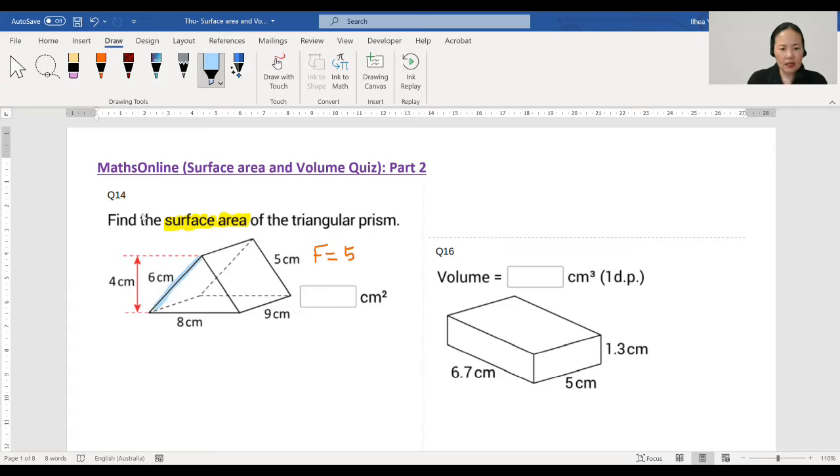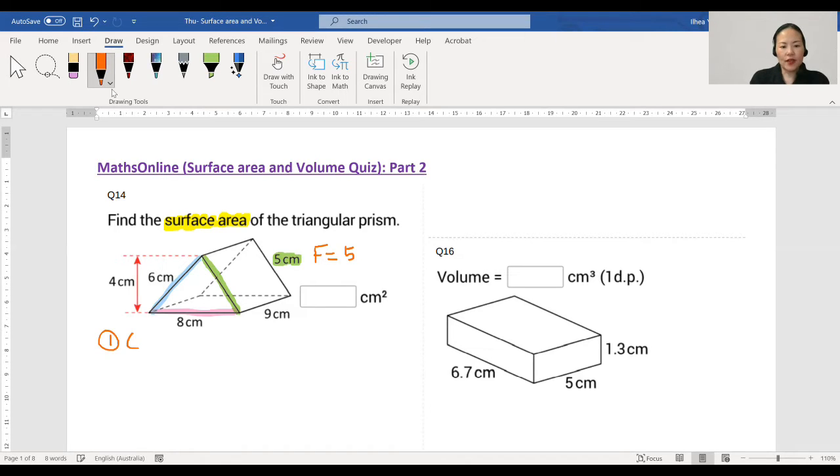So this is a 6 and this is an 8. And the other one that we couldn't see the measurement of, it's 5. So all 3 sides are different, meaning your left rectangle and the right rectangle have a different measurement.